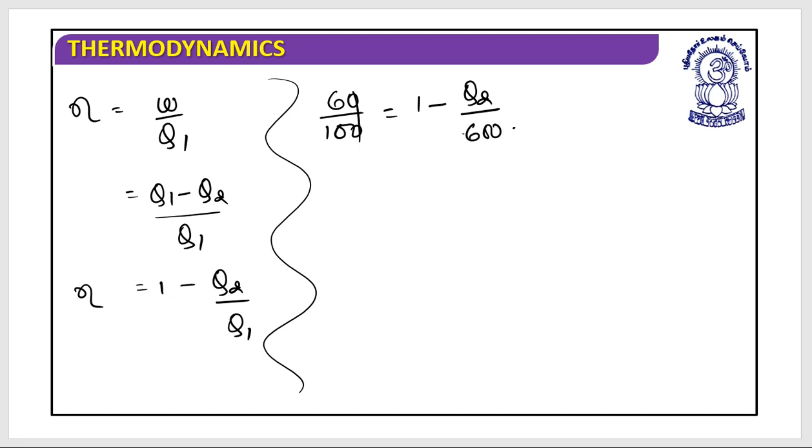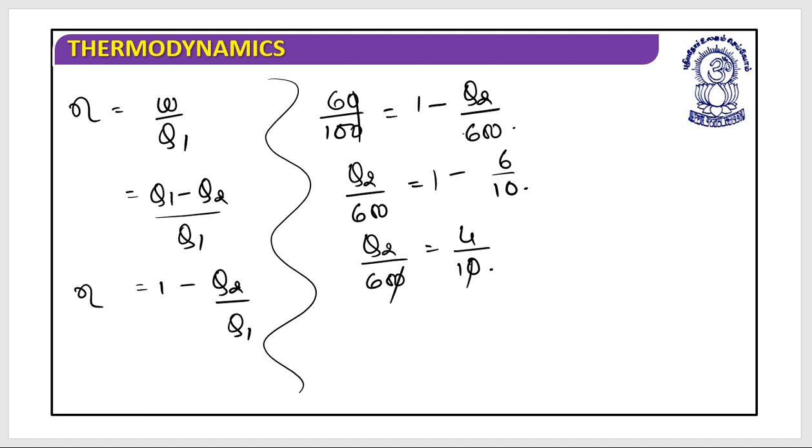So Q2 by 600 equals 1 minus 6 by 10, which is 4 by 10. So Q2 is 240 joule.